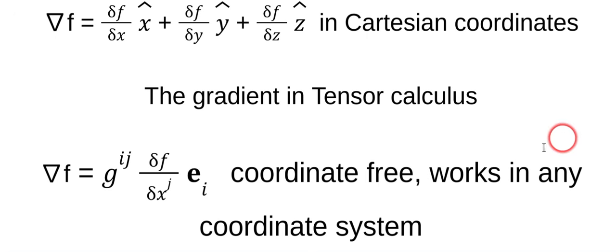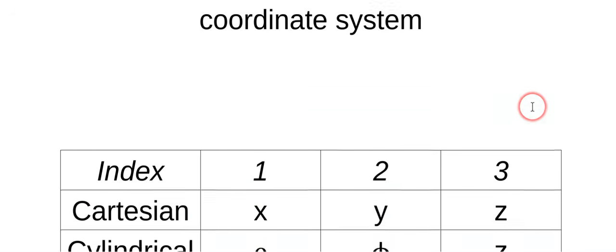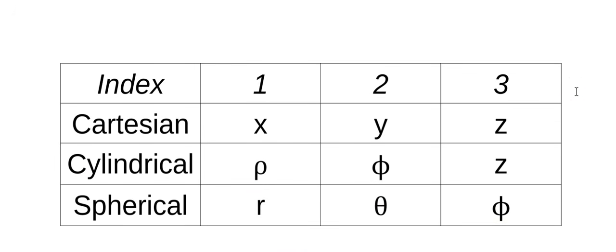All right. So let's look at what this actually looks like. Let's write it out. Here are three of the Euclidean coordinate systems that we all use. I've got three indexes, 1, 2, and 3. We're in three dimensions. So you know the Cartesian one. The cylindrical is rho, phi, z. The spherical would be r, theta, and phi.